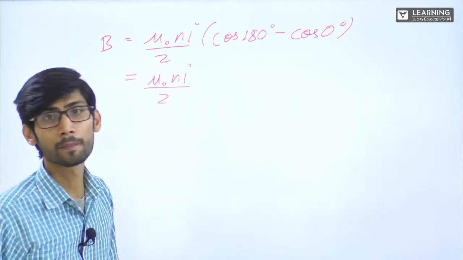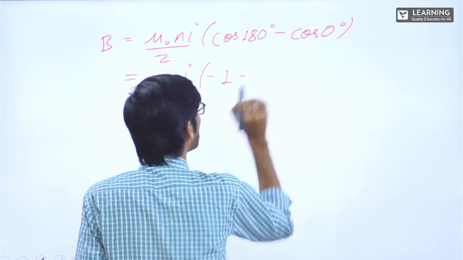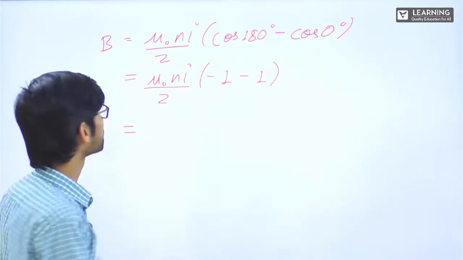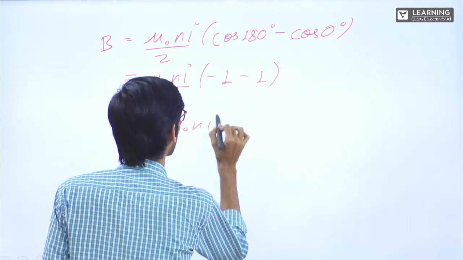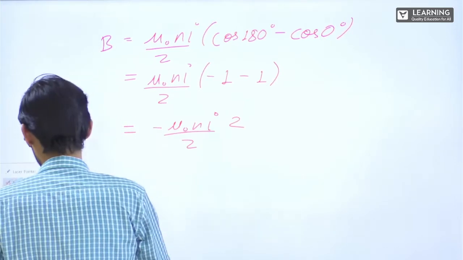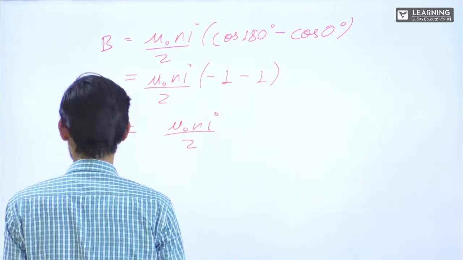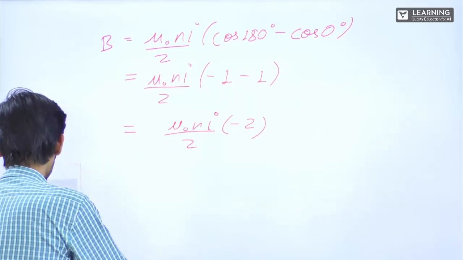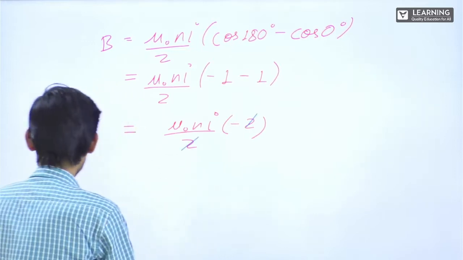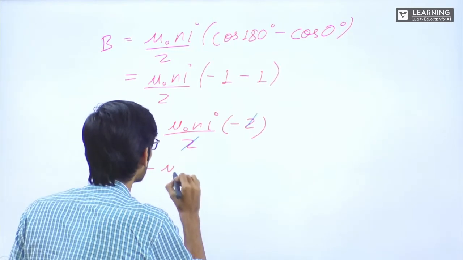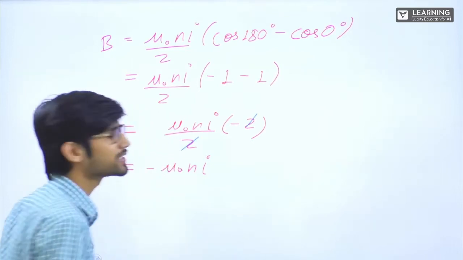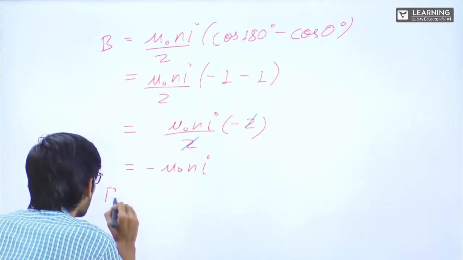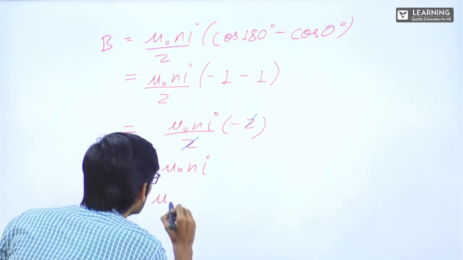Cos 180 degrees is minus 1, minus of cos 0 is minus 1, so that is minus 1 minus 1, that is minus 2. So minus mu naught Ni by 2 into 2. Clear? Okay. From here, this 2 will be cancelled. We will be getting minus mu naught Ni. Again, the minus sign indicates the direction. Since for direction we are using the right hand rule, we do not need to write this. We can write B is equal to the magnitude, mu naught Ni.